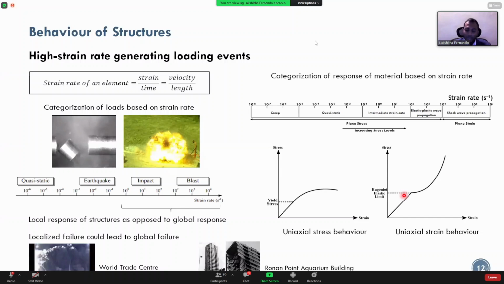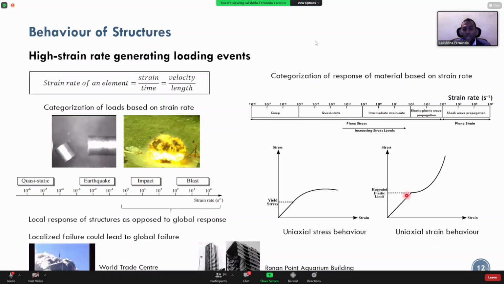That's a property that takes into account the yield stress as well as the Poisson's ratio. And then beyond that point, there is a sudden rise in the stress. So this is almost like a fluid. We call this the uniaxial strain behavior of materials. What we are generally used to seeing is the uniaxial stress, but in this case, what we have is uniaxial strain.